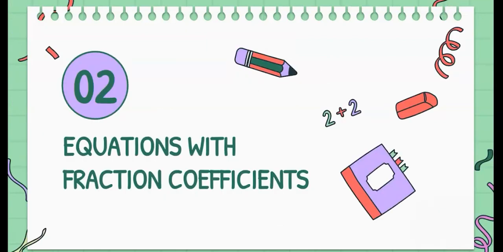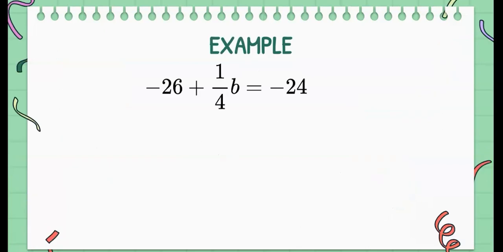Okay, let's look at our second example. This time we're going to have a fraction as a coefficient. Here's our example. On the left side, we have a constant term and a variable term. On the right side, we have a constant term. So, step 1, let's cancel out that constant term.